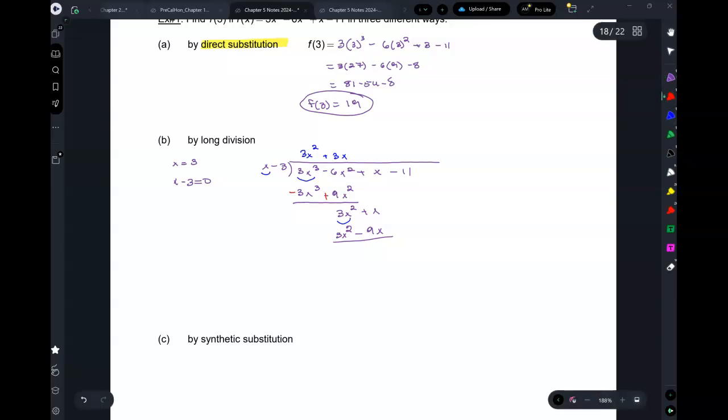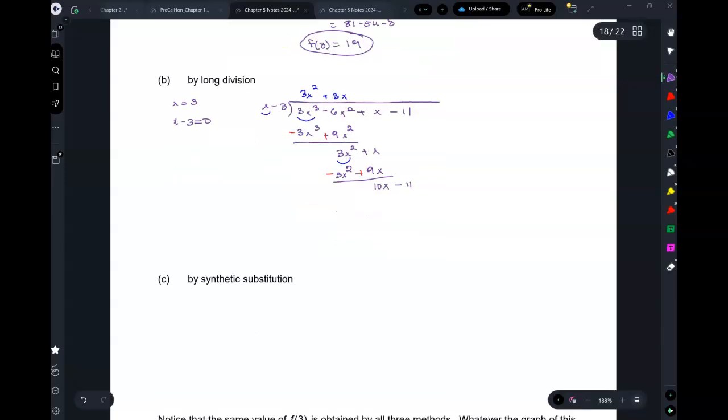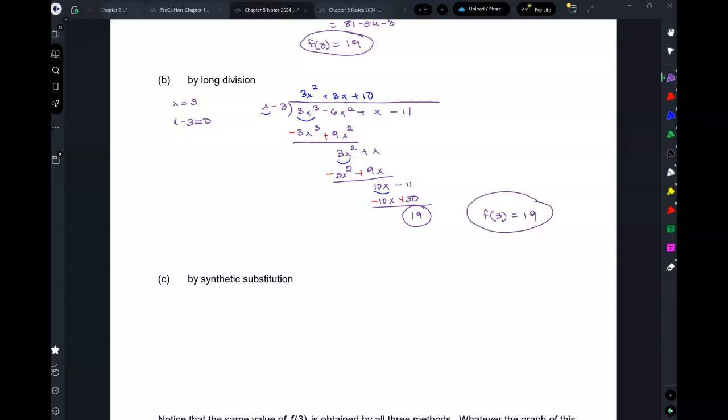I have to change the signs though. So here we're going to get 10x minus 11. Some people had forgotten to do that, and then obviously the answer does not come out correctly. So now 10x over x, 10. So here I get 10x minus 30. Change the signs. And what do I have left? 19. Look at that. That's the same 19. So f of 3 is equal to 19.